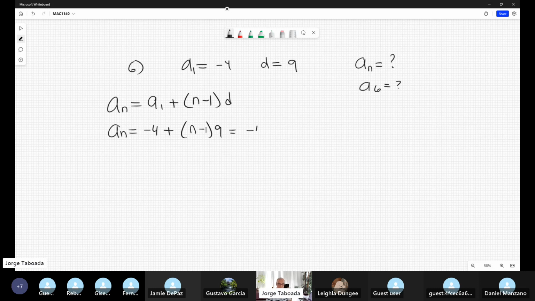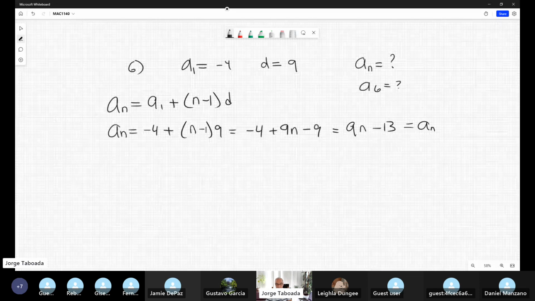We apply the distribution: minus 4 plus 9n minus 9 is 9n minus 13. This is our formula.